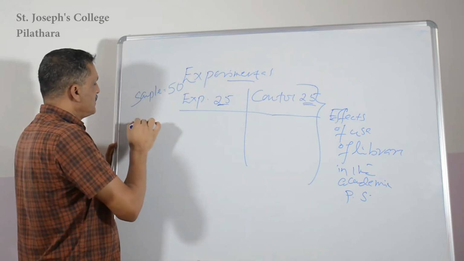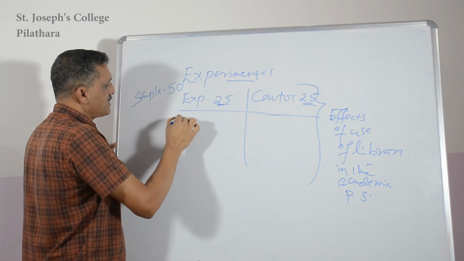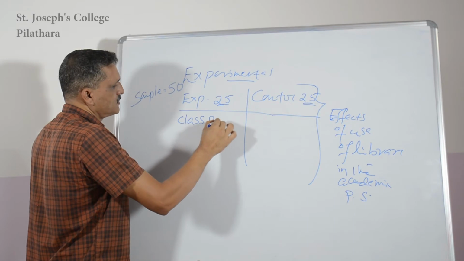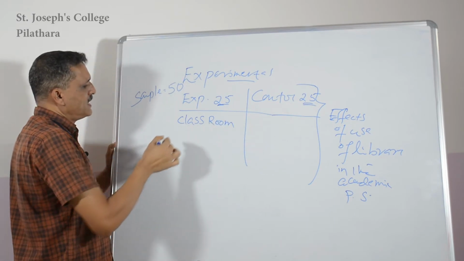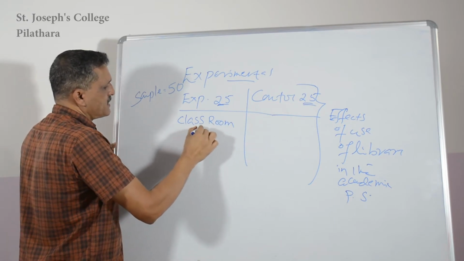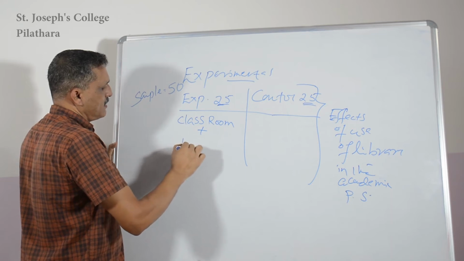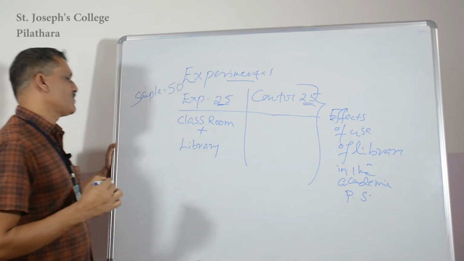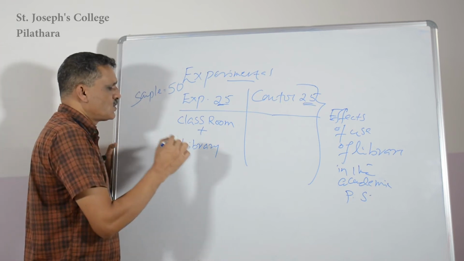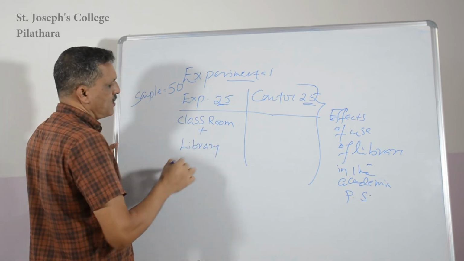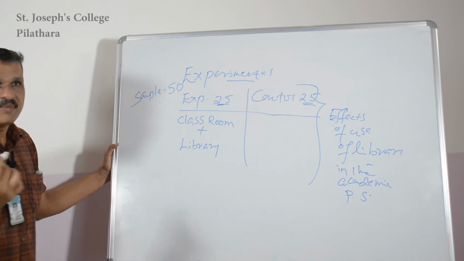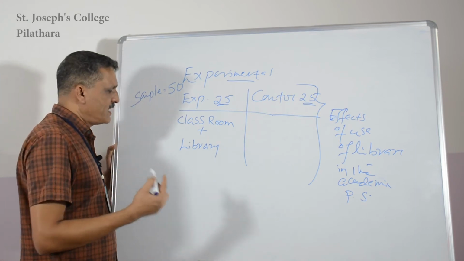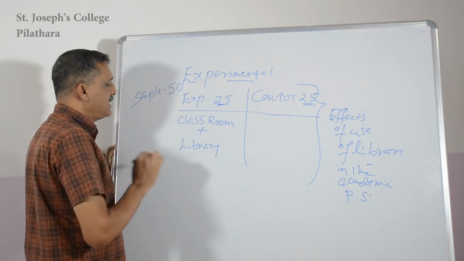These students have classroom sessions, normal classroom teaching, plus here it is mandatory that these students should use the library or books or any kind of reading material, research journals, whatever may be available in the library.